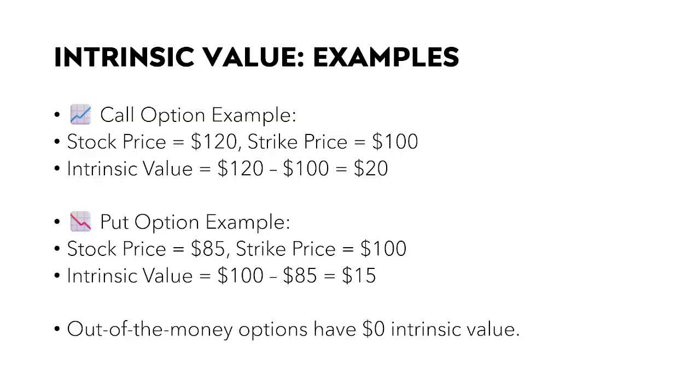On the put side, same thing. If the stock is $85 and you bought a put at $100, the intrinsic value is $15. Out of the money options have a $0 intrinsic value.